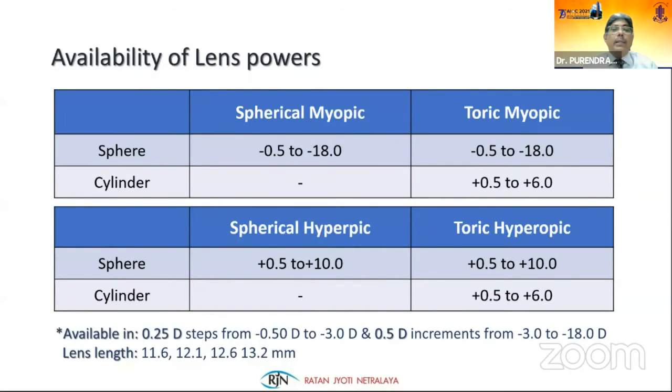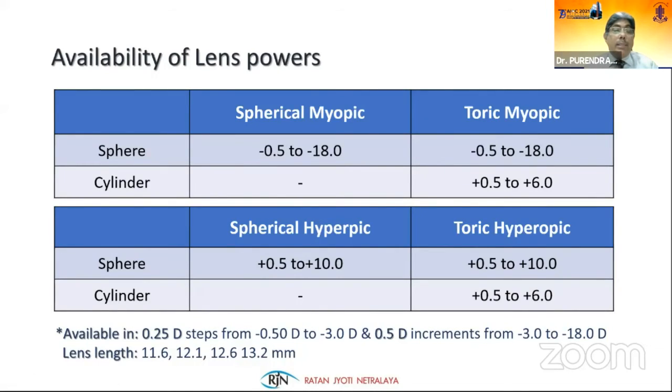It is available in a spherical power of -0.5 diopters to -18 diopters, and in toric variants of +0.5 to +6 diopters, so we can correct up to +6 diopters of cylindrical power. Similarly, in the hyperopic model, it comes from 0.5 to 10 diopters, and with 6 diopters of correction in hyperopic lenses also.